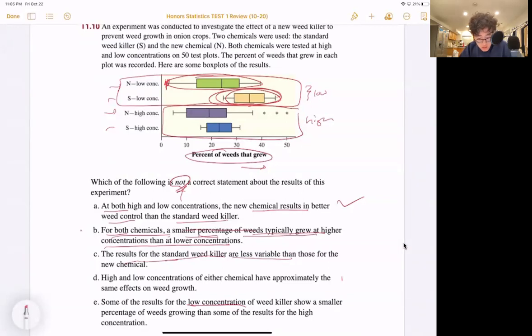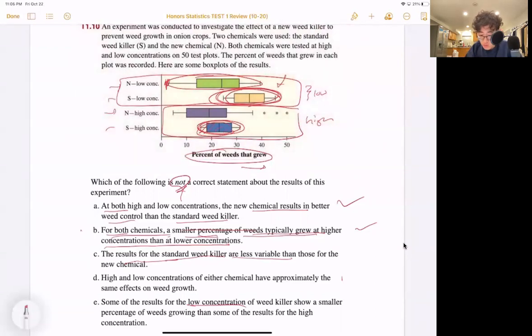So let's take a look at the lower concentrations. Actually, if we think about it, a small percentage of weeds typically at a higher concentration. For this one, this actually does make sense, because it's really hard to think about what this is saying. But high concentrations for the standard versus low concentrations for standard: look at how much less percentage of weed grew versus this one.